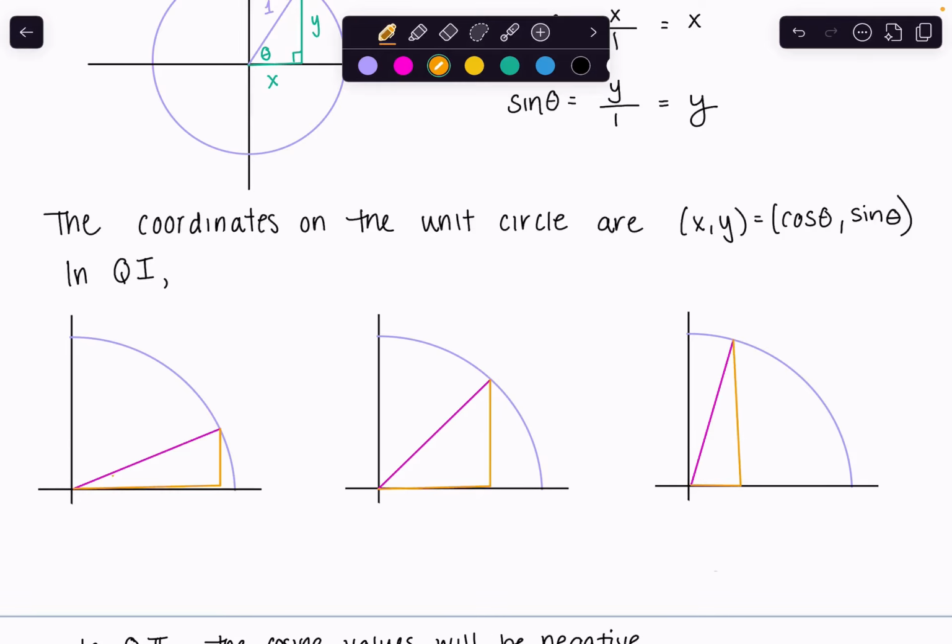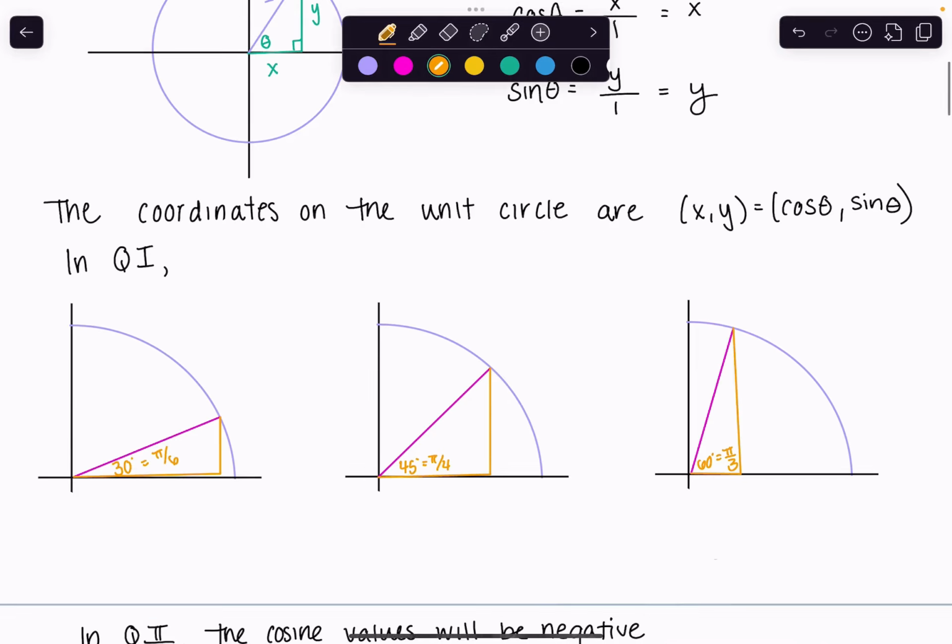My first key angle is 30 degrees, which is also pi over 6. My next key angle is 45 degrees, which is pi over 4. And my last angle is 60 degrees, which is pi over 3, okay? So if I look at cosine of 30 degrees, you can go back and utilize your chart, but cosine of 30 degrees is root 3 over 2.